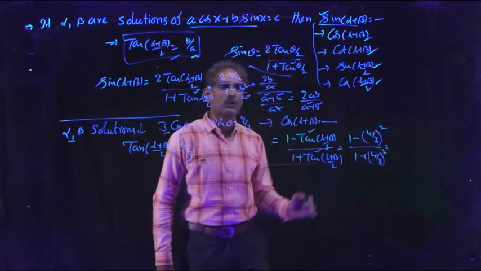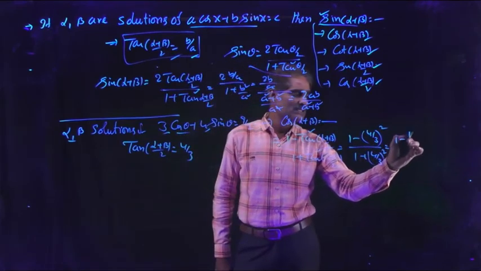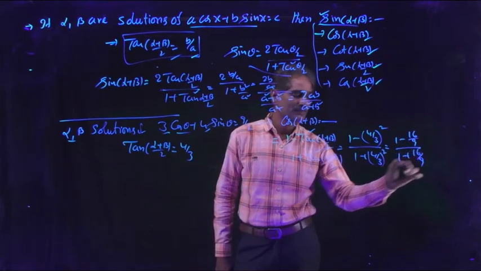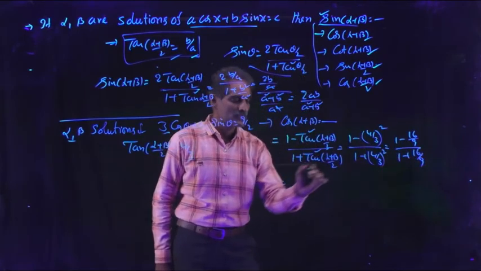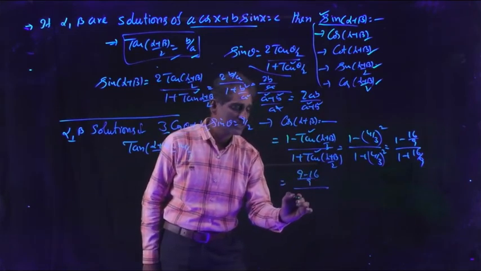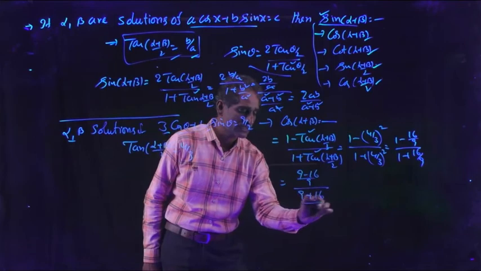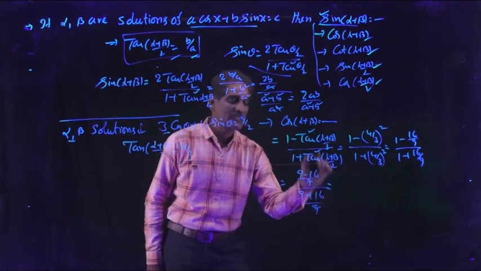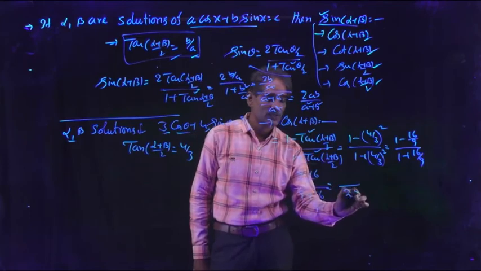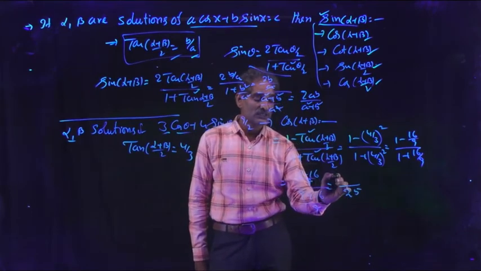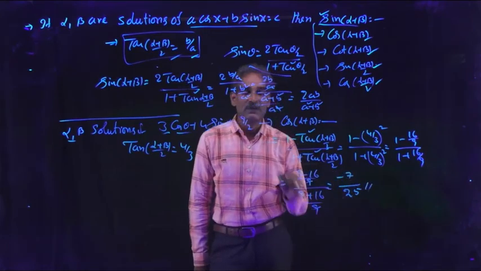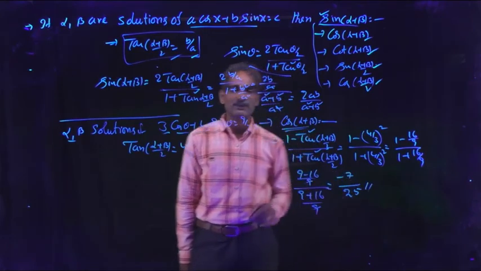That is equal to 1 minus 16 by 9 whole divided by 1 plus 16 by 9. So this is nothing but 9 minus 16 by 9, whole divided by 9 plus 16 by 9. So 9 minus 16 over 9 plus 16. 9 plus 16 is nothing but 25. 9 minus 16 is nothing but minus 7. This is the value of cos of alpha plus beta, minus 7 by 25.